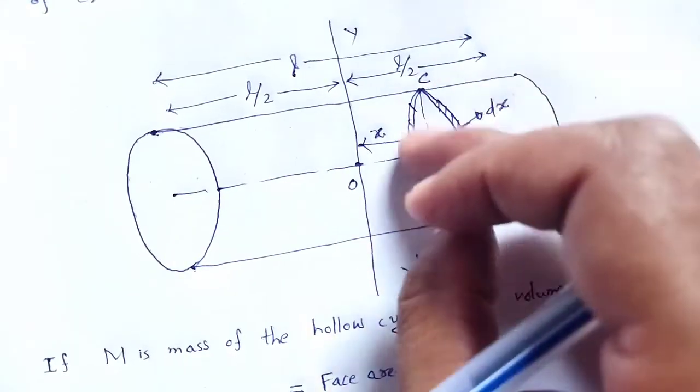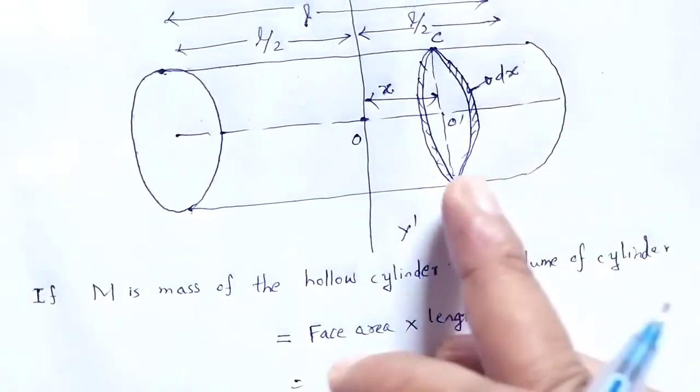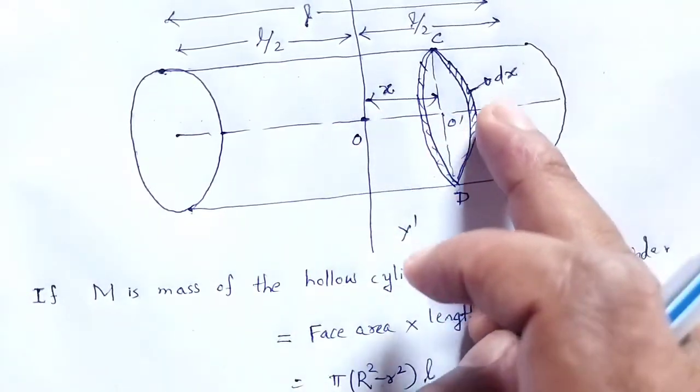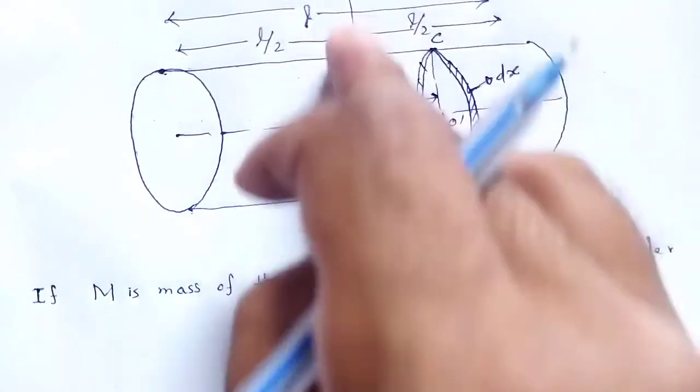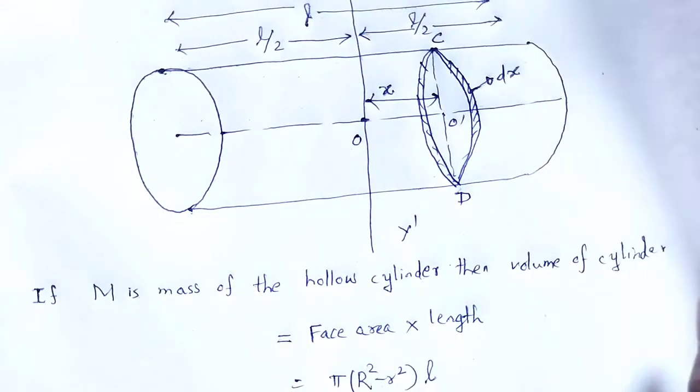We take an elementary annular disc at a distance of x having thickness dx from the axis y dash.